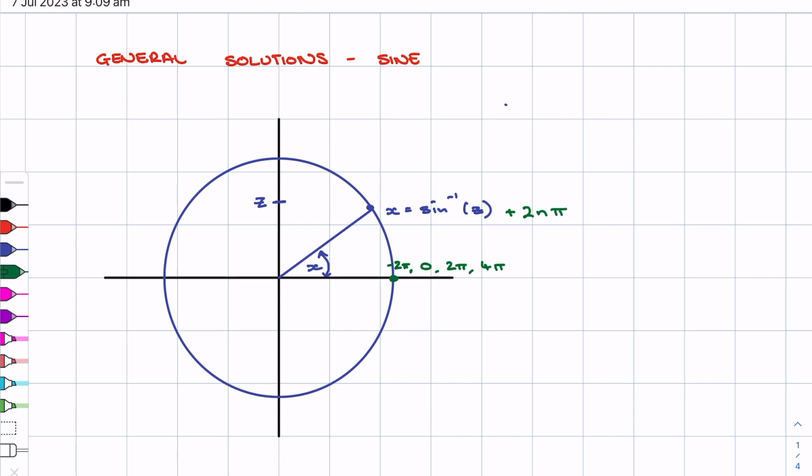So that variation means that as we go around the unit circle, if I go one time all the way around to here, that's plus 2 pi. I can go around a second revolution, that would be plus 4 pi, and so forth. So we just have to understand why we're adding on that plus 2n pi.